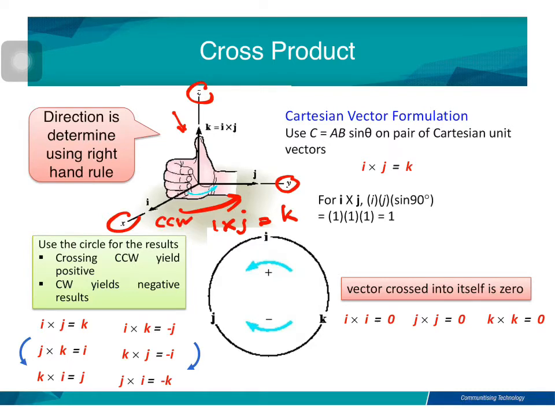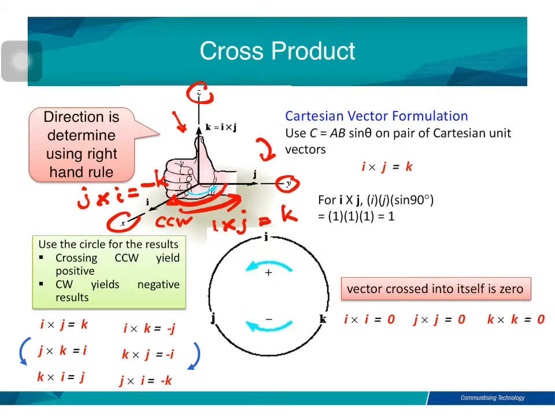How about clockwise? If we have J cross I, we are going to get negative K.